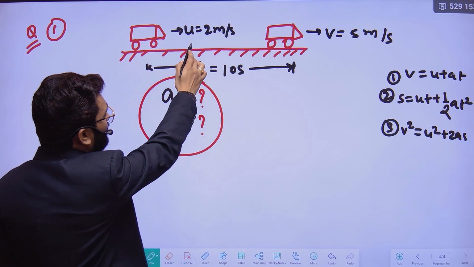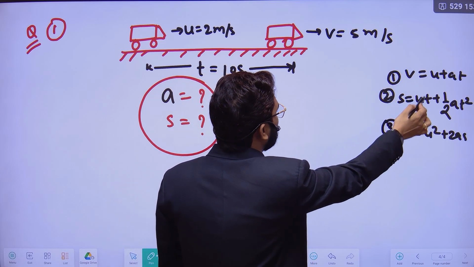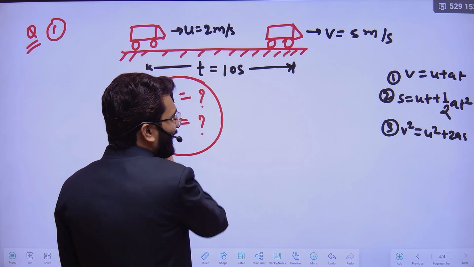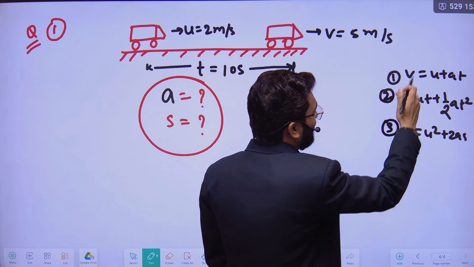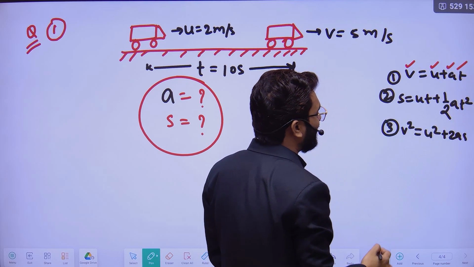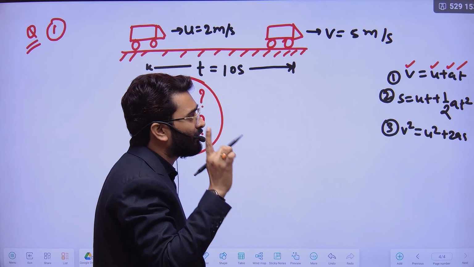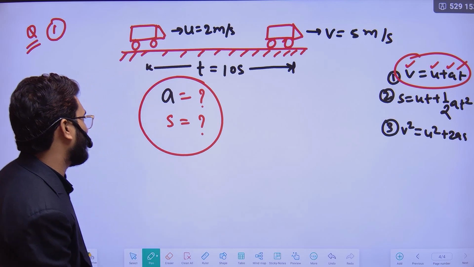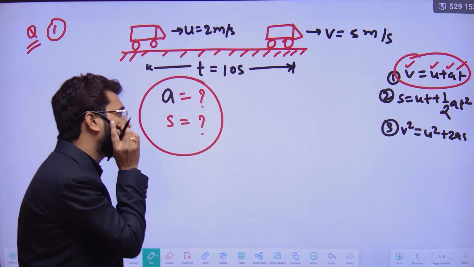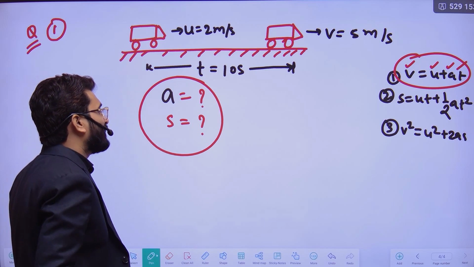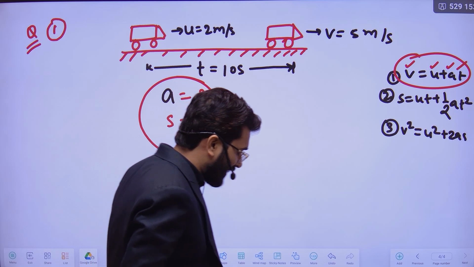We have u, v, t and a, matching the first equation, v = u + at. That means we should use the first equation of motion for finding the value of this acceleration.